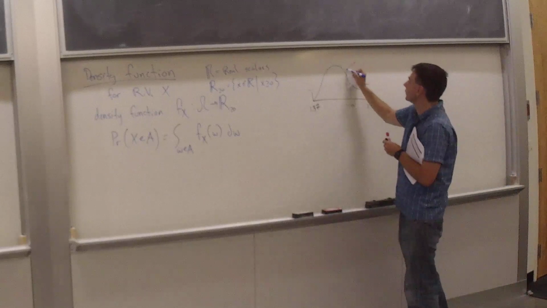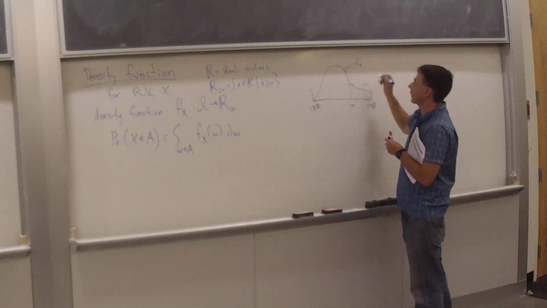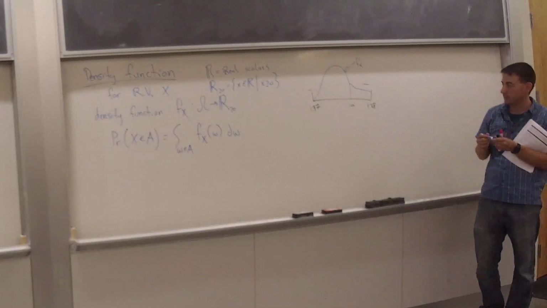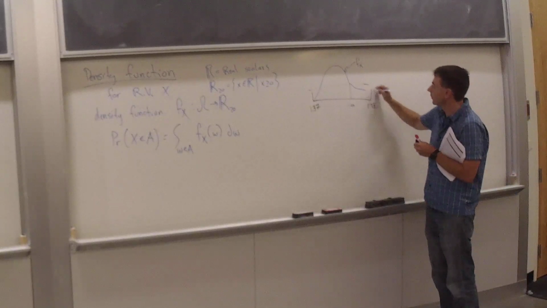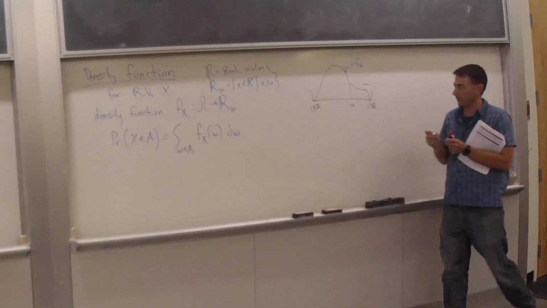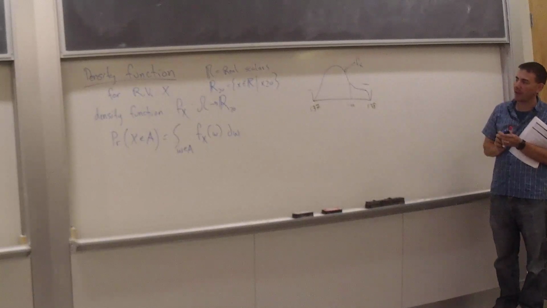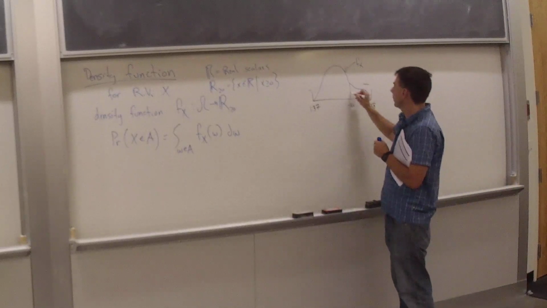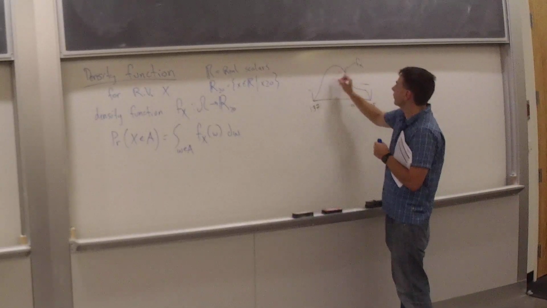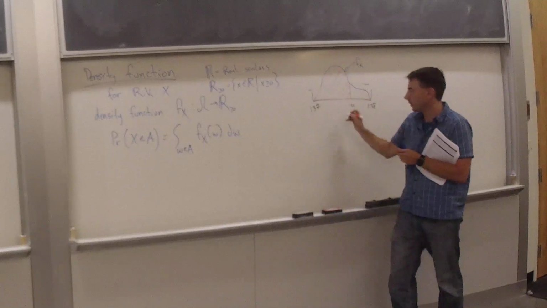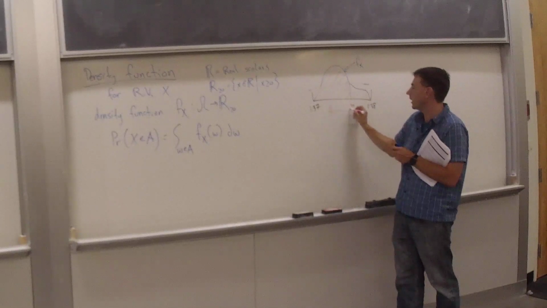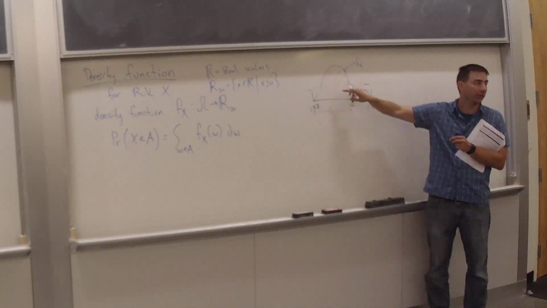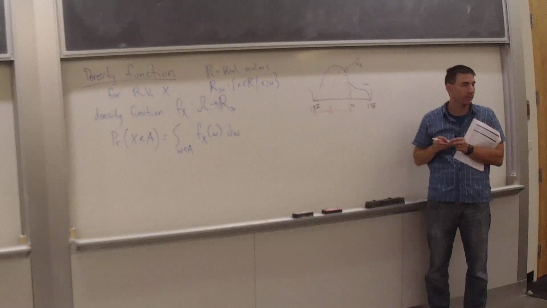This would be f of x, the density function. Maybe this goes down. The integral is the area under the curve. Let's say this is the event A. Then the probability is this integral, the area under the curve.